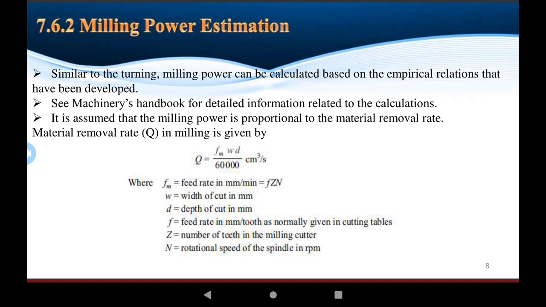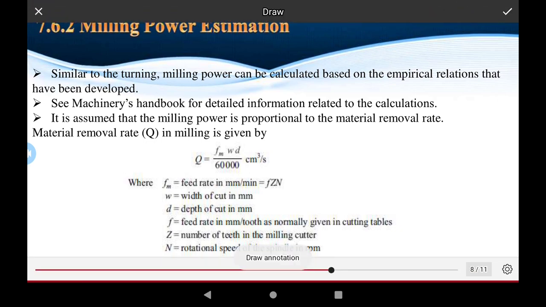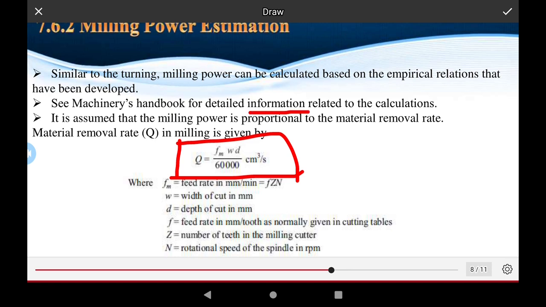These are empirical relations derived by scientists, and this formula is known as the empirical relations formula. See the machinery handbook, where the formulas are given in detail along with information on standard parameters and functions used.